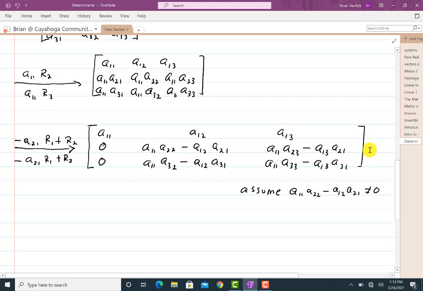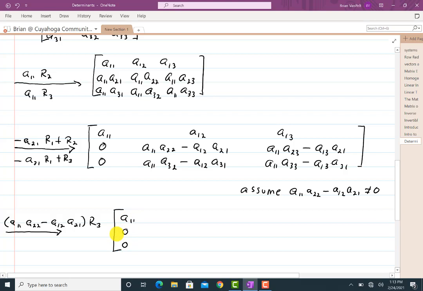What I'm going to do then is multiply the third row by that quantity. So I will take A11, A22 minus A12 times A21, all of that times R3. Of course, my first column, I'll just tuck it in over here.